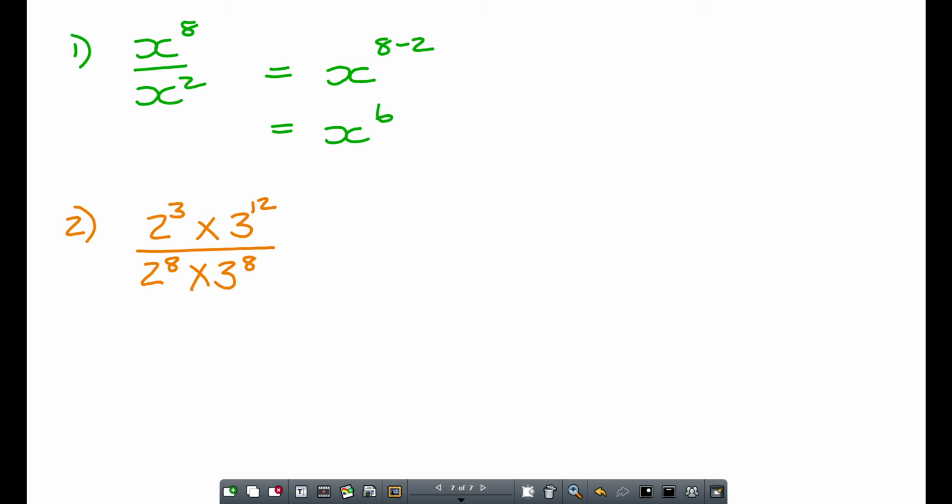Please do not go and check what is 2 to the power 3 and get that answer, and then 3 to the power of 12 and get that answer. I want you to specifically practice your exponent rules. So what do you think we're going to do?